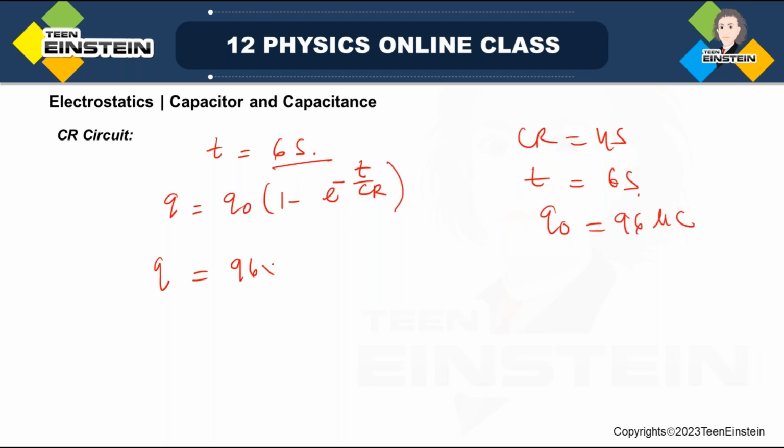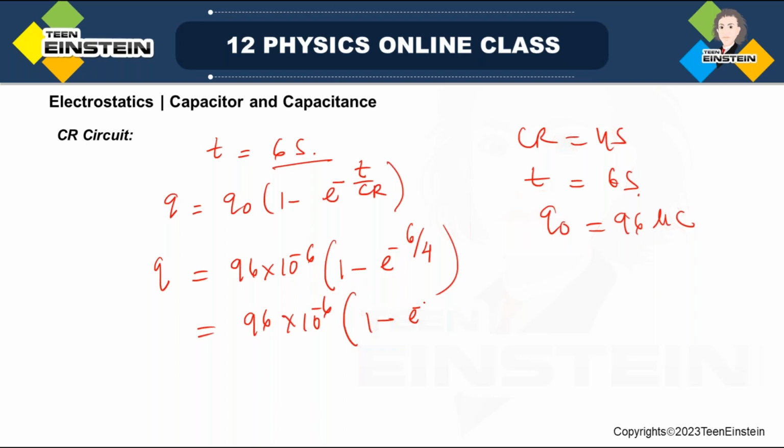So Q is 96 into 10 to the power minus 6 coulomb into, this is dimensionless anyway, so this whole thing will be in coulomb itself. 1 minus e to the power minus 6 by CR, which is 4, so 96 into 10 to the power minus 6 into 1 minus e to the power minus 3 by 2, or 1.5.